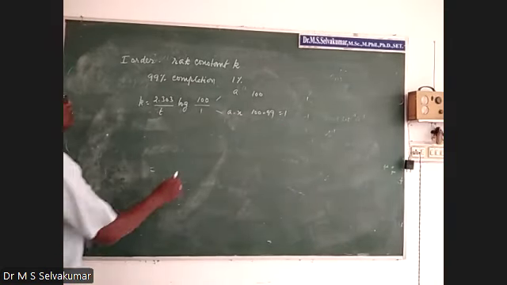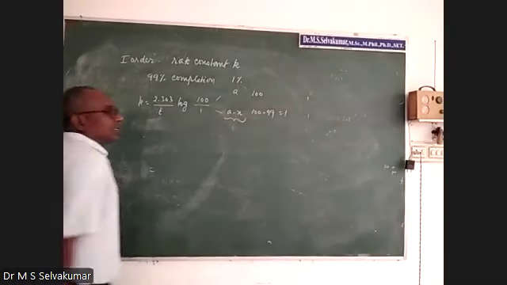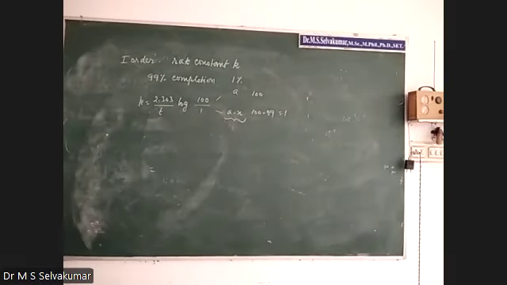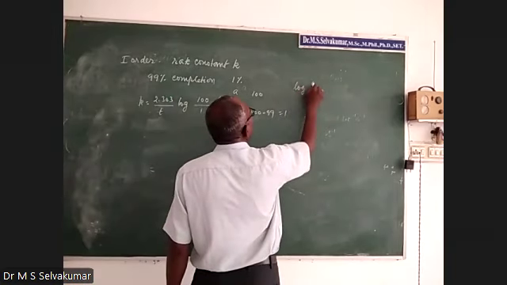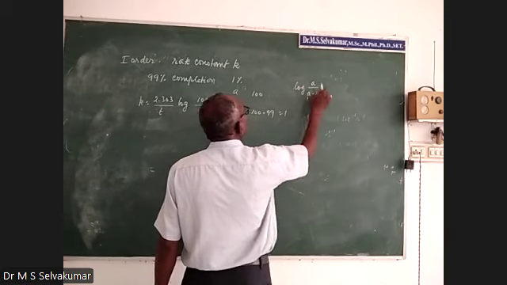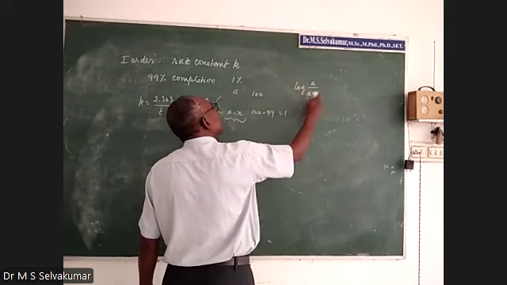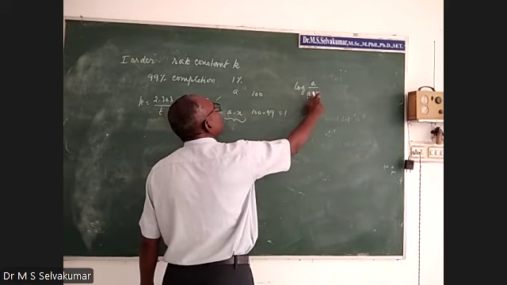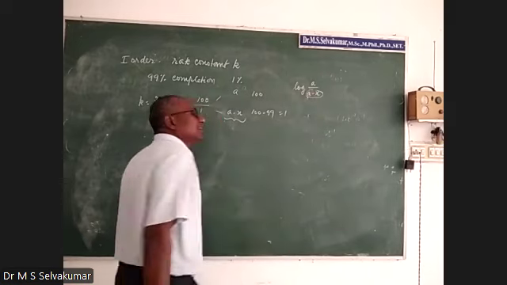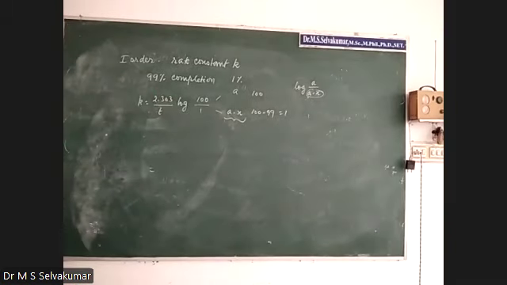Normally the confusion comes here, whether it is the amount of reactant reacted after time t or the amount remaining at time t. So always remember, for the first order reaction it is log A by A minus X, where A is the initial concentration and X is the amount reacted up to time t. So A minus X is the quantity remaining at time t.